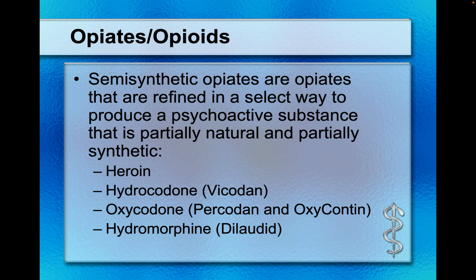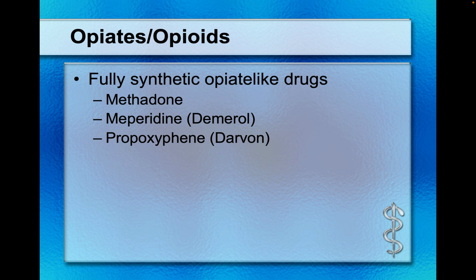Hydromorphone is Dilaudid. Fully synthetic opiate-like drugs include methadone, Demerol, and Darvon. Another name that you may know Demerol by is meperidine, and Darvon is propoxyphene.